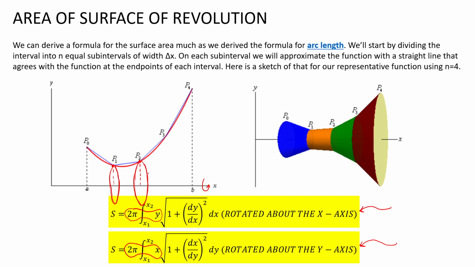By the formula of circumference, circumference is equal to 2 pi r. So 2 pi, and this one is the radius. Since the radius is in the y direction, that's why it's y if it's rotated about the x-axis. If we rotate it about the y-axis, notice that our radius becomes the x distance.